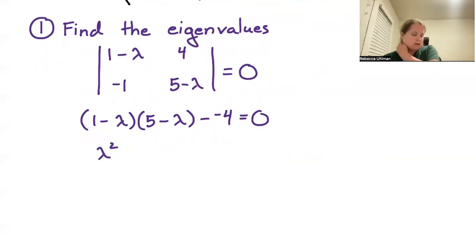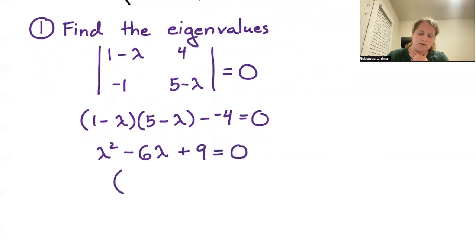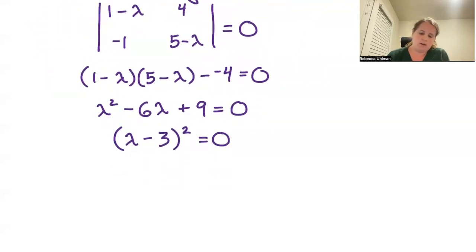We would have minus 5 lambda minus 1 lambda becomes minus 6 lambda. Then we'd have plus 5 plus 4 is plus 9. And so we are looking at lambda minus 3 quantity squared is equal to 0. And we have lambda 1 is equal to lambda 2 is equal to 3.